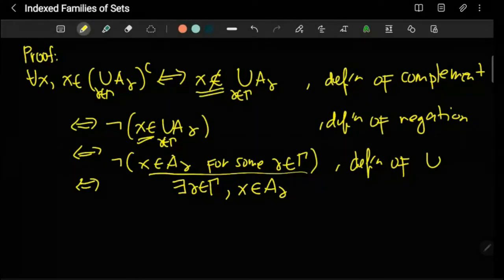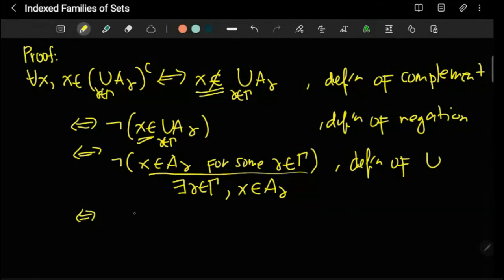How do you negate that using De Morgan's rule? By De Morgan, if you negate "there exists," that becomes "for all gamma in the indexing set," and then you negate the condition: x is not in the set. So for all gamma, x is not in the set. That's De Morgan.